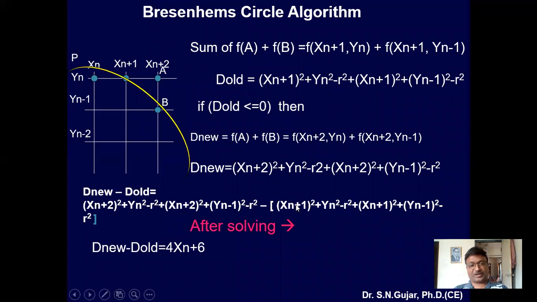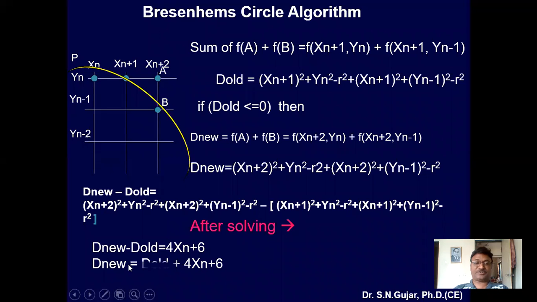These you have to expand by using the a plus b whole square formula, that is a square plus 2ab plus b square. After solving the entire equation, d new minus d old is equal to 4xn plus 6.